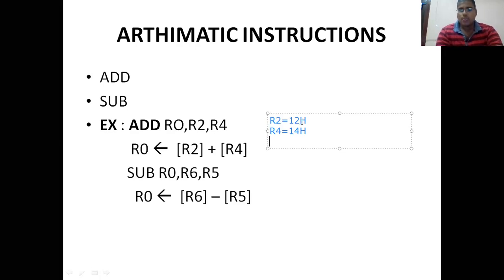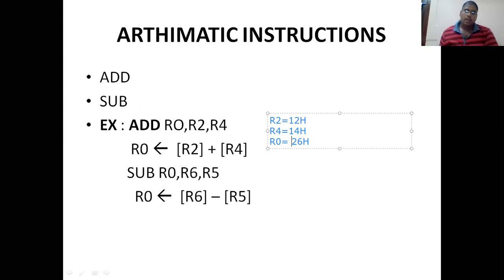If you add these two values, how much are you going to get? 12 plus 14 means 26h. Where is this 26h going to be stored? It is going to be stored in R0. So whenever I perform this operation, R0 is equal to 26h. This is the way of doing the operations in ARM.